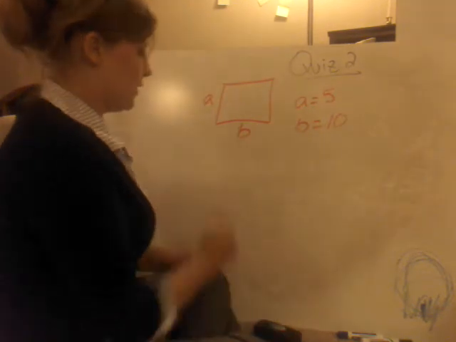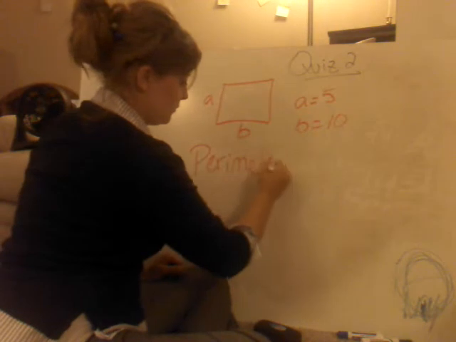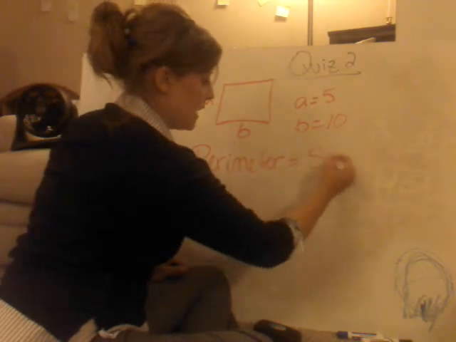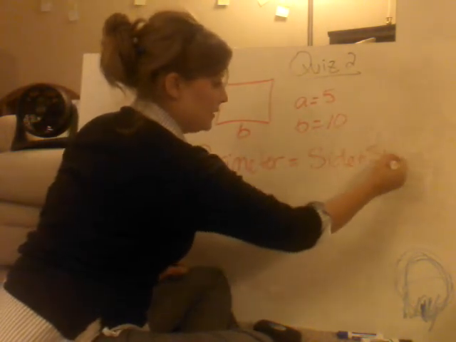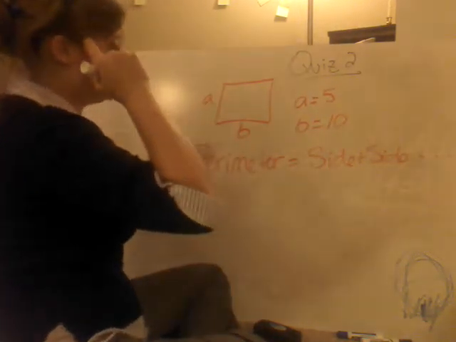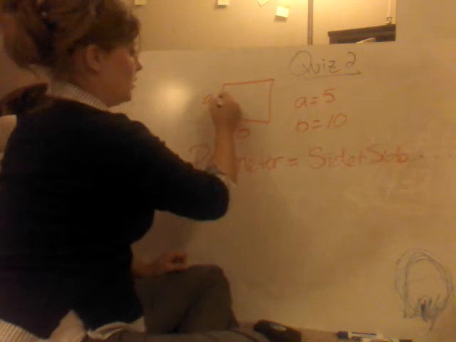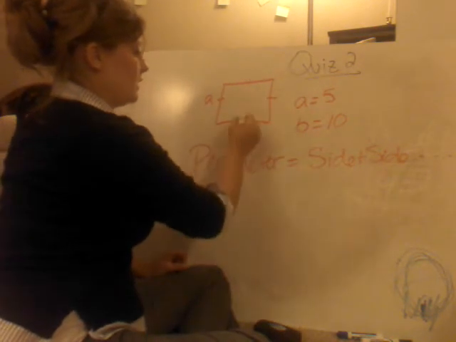Now next step, the perimeter equals side plus side and so forth. Okay, so I have 4 sides. Now, since I told you this is a square, right, so this side is equal to this side and this side is equal to this side.